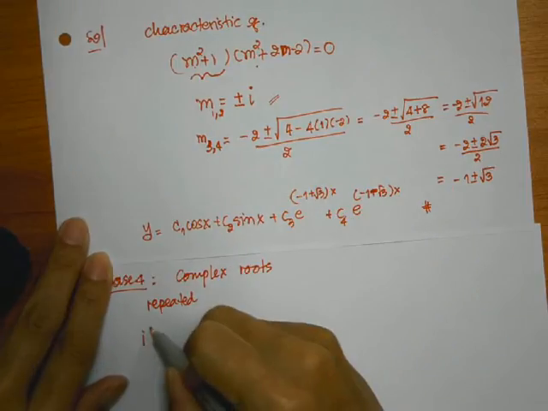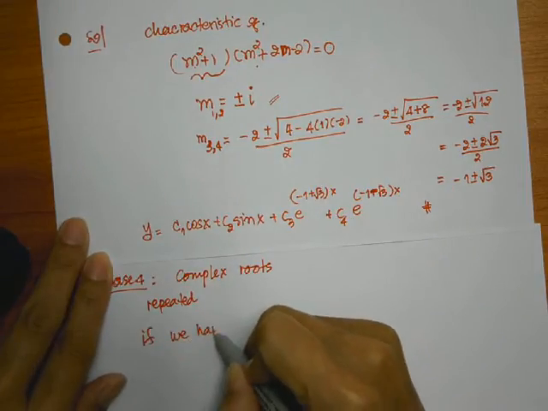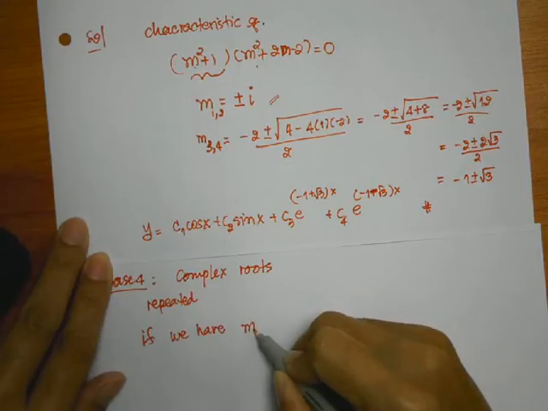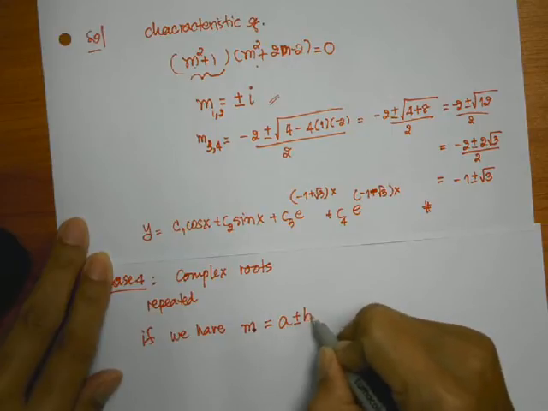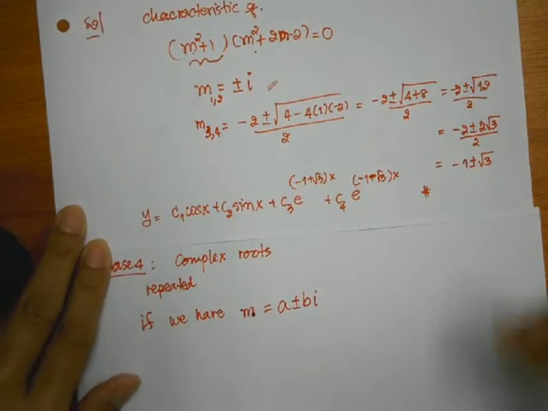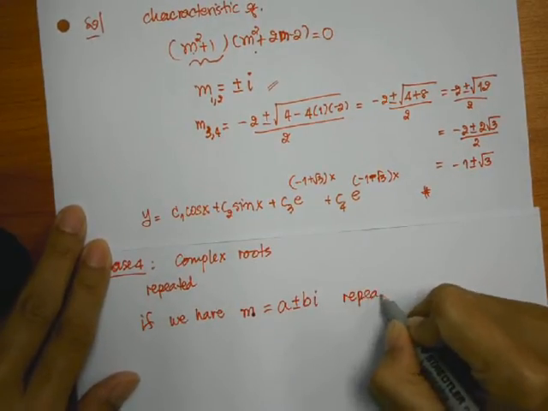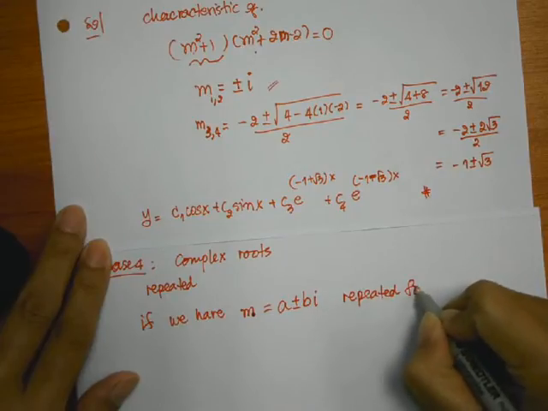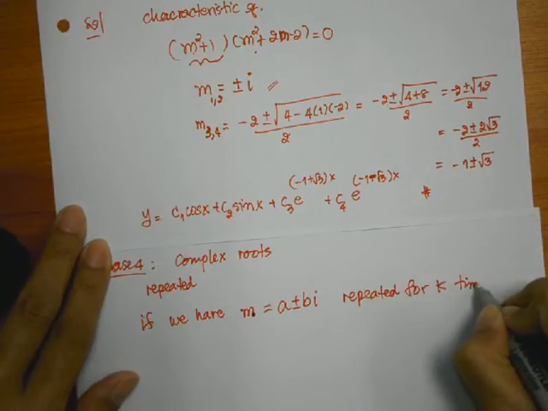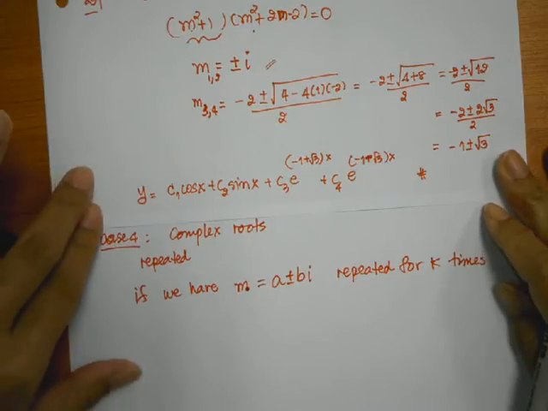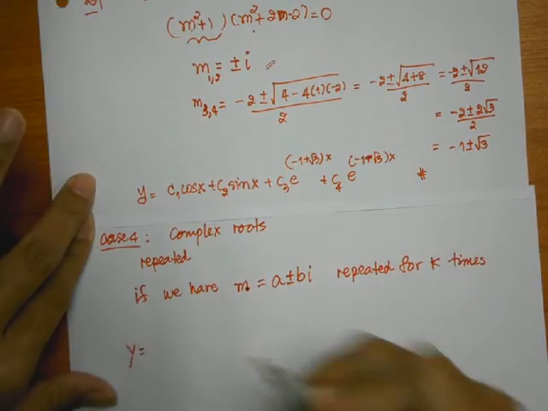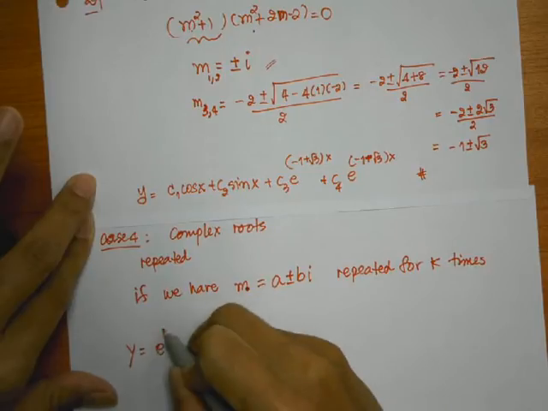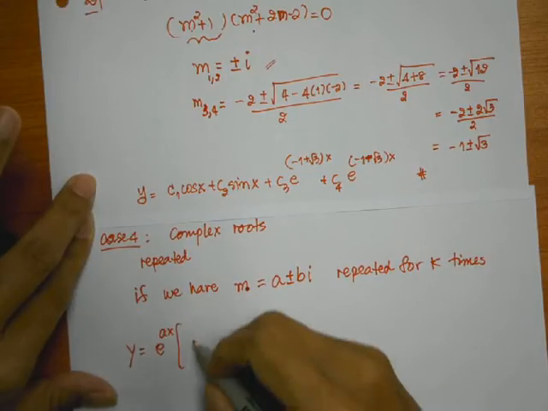If we have m equal to a plus minus bi and repeated for k times, then the answer of this equation would be in this form.